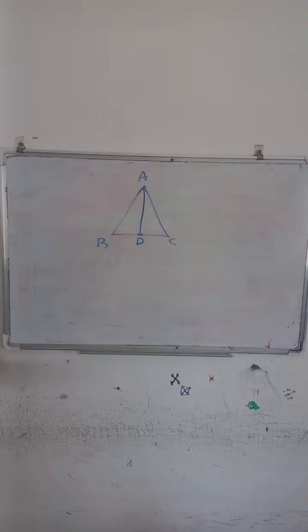I will repeat. Find angle X in the following figure. Option A is 56, option B is 57, option C is 58, and option D is 59. Okay. So I will draw the figure which they gave here.